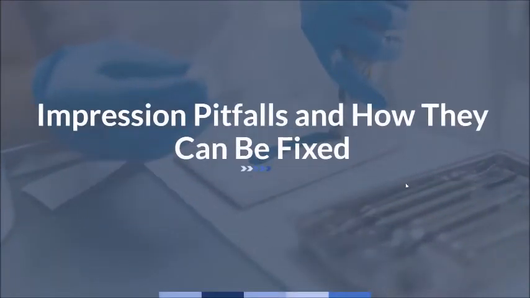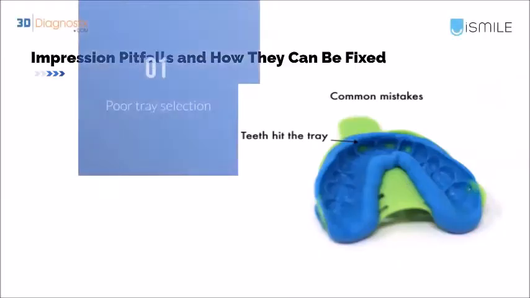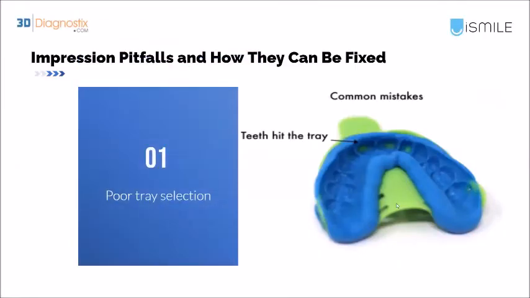Moving forward, we have the impression pitfalls and how they can be fixed. Number 1, we have poor tray selection. The tray selected must capture the necessary information without distortion. It should be large enough to cover all the teeth without contacting the soft tissue.